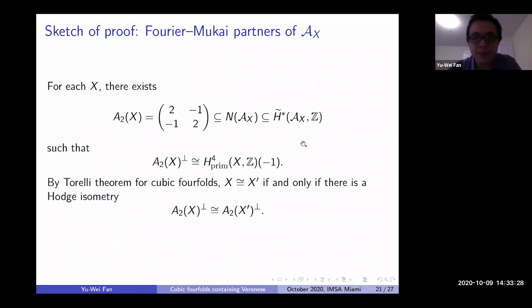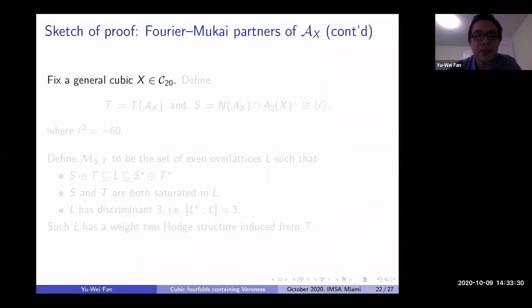Okay. And so the strategy is the following. It's really similar to the strategy for counting Fourier-Mukai partners for K3 surfaces by Hosono et al. and then Huybrechts. So we fix a general cubic X in C20, and we want to count the number of Fourier-Mukai partners.